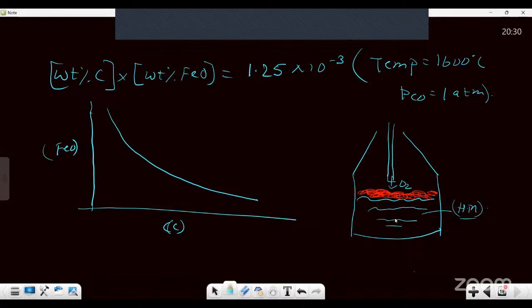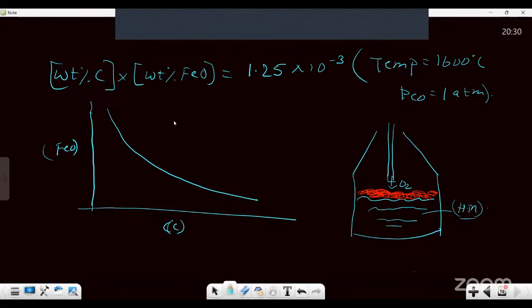When the FeO content increases, apart from the oxygen, the FeO will also act as an oxidizing agent. So FeO will also oxidize the carbon. So when more and more FeO is generated, FeO also helps in decarburization.